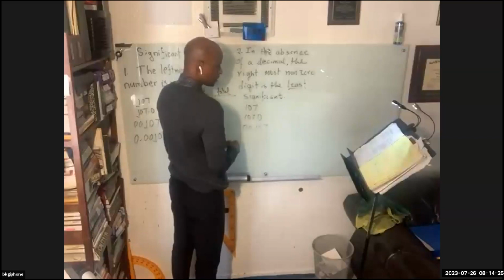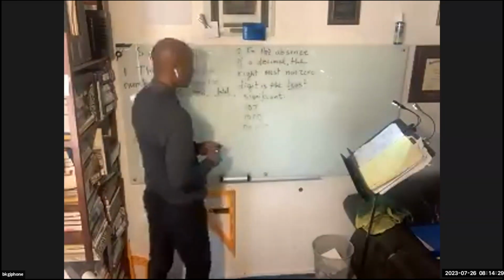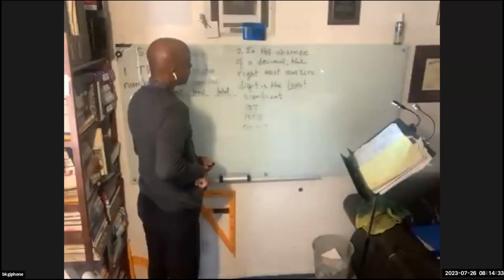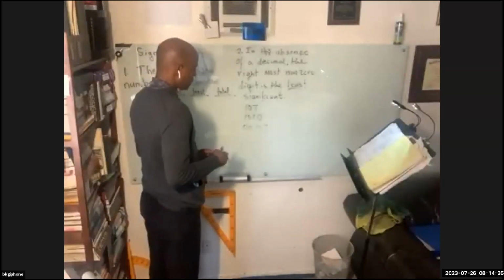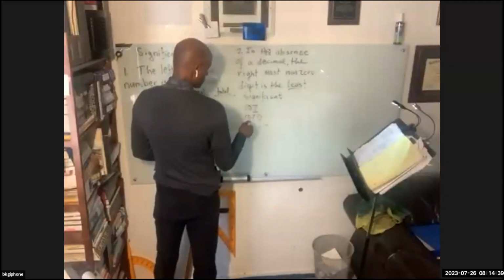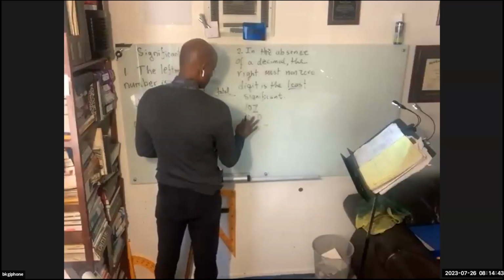So in these examples, the value 7, the rightmost non-zero digit, is the least significant. So in this case, obviously that 7 is that value.